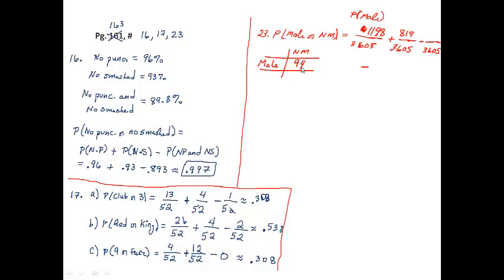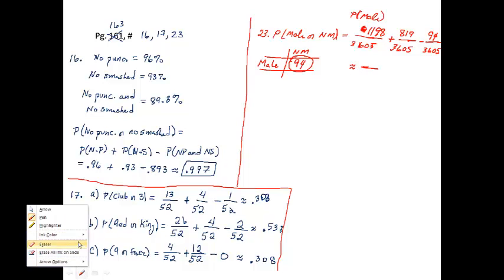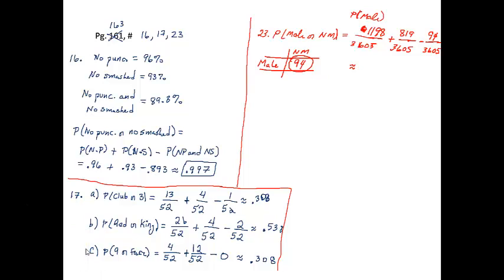You see, when you look on your table, where does males and nursing majors run into each other? At the 94. So you're subtracting out 94. And this comes out to be approximately 0.533.